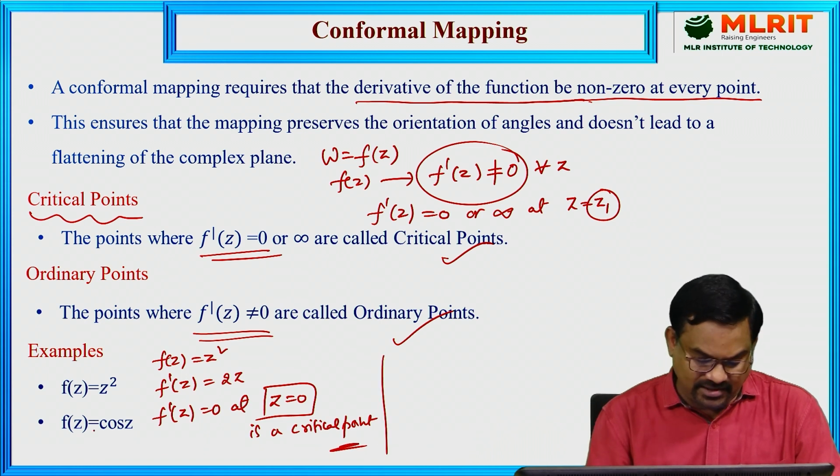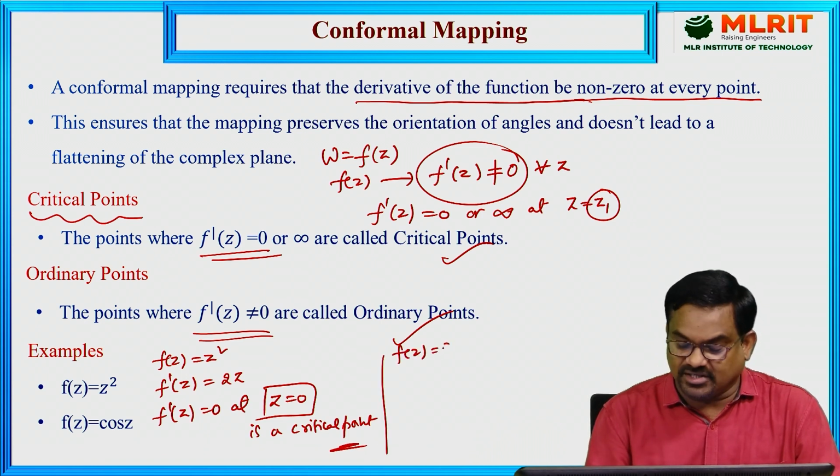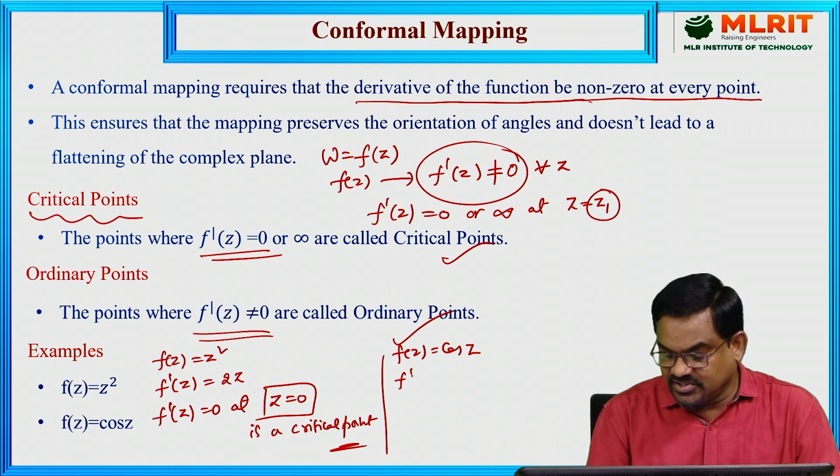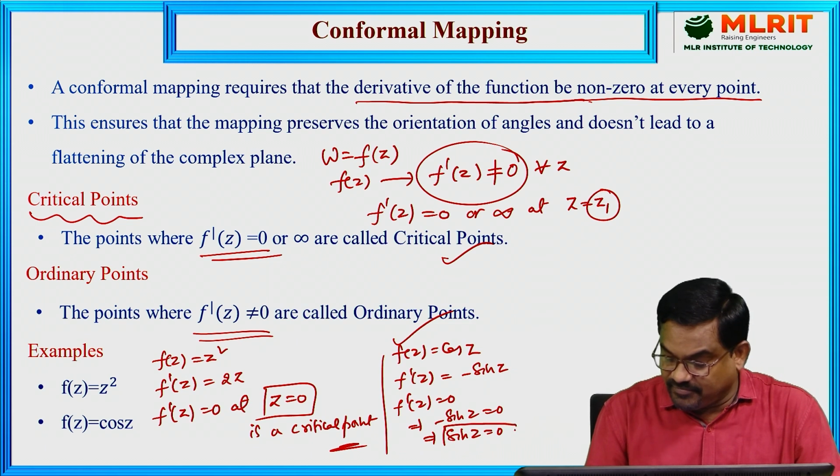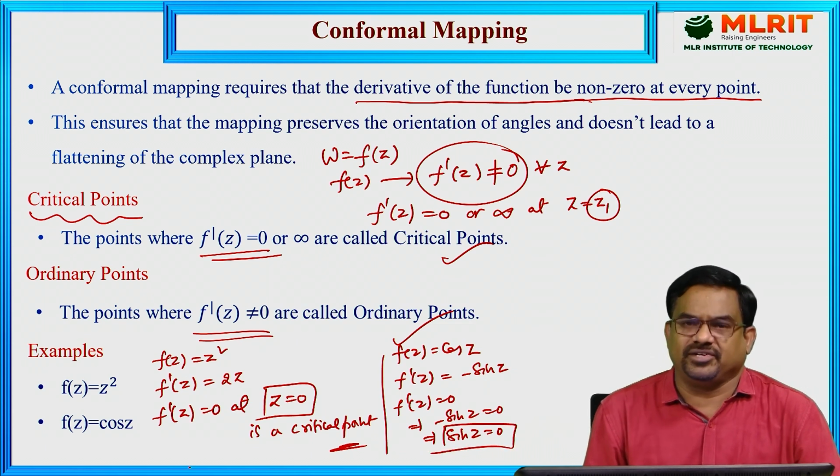Similarly, another example, cos z. What is its derivative? f dash z is minus sin z. So f dash z equal to 0 implies minus sin z is 0, so sin z is 0. When does the sin function vanish, become 0?